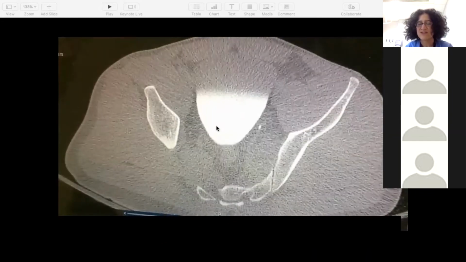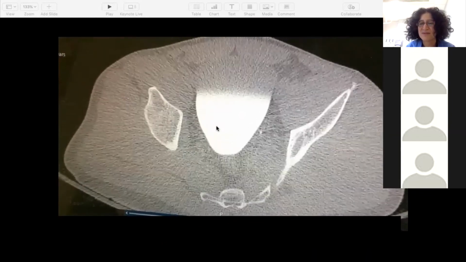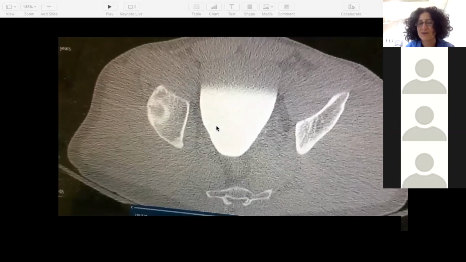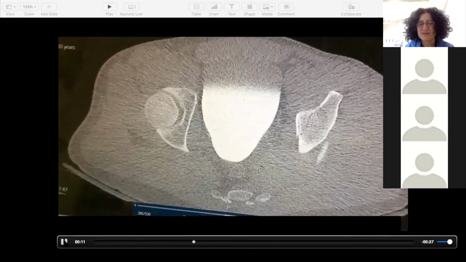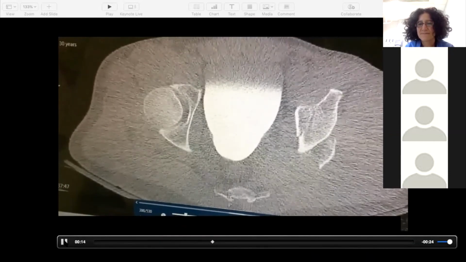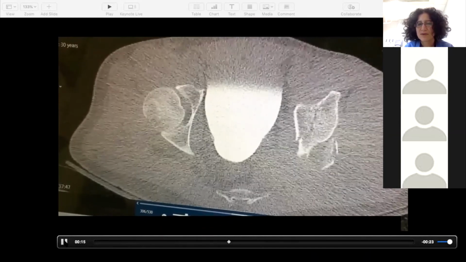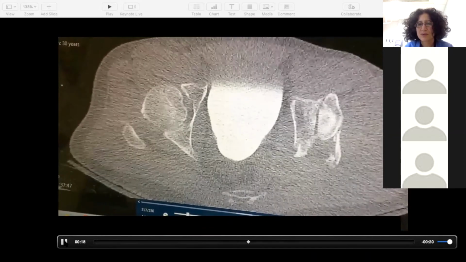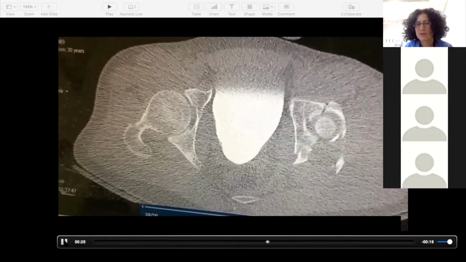Ruben, what's the significance of marginal impaction? What does it mean? Does it make a difference to what we do? I guess it affects the congruity of the acetabulum itself, and you've got to reconstruct it based on the femoral head.